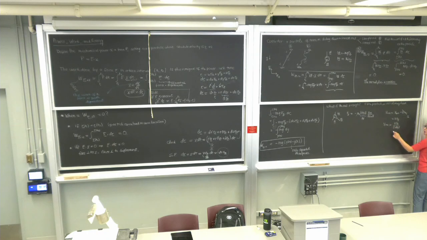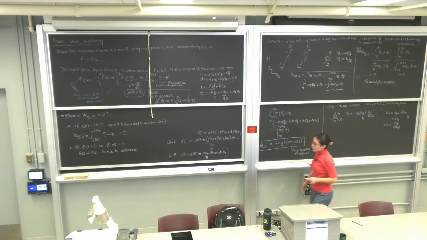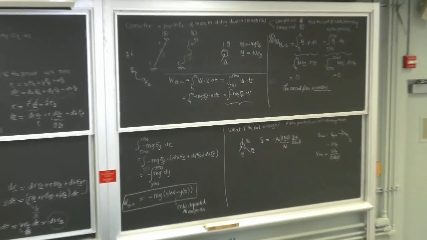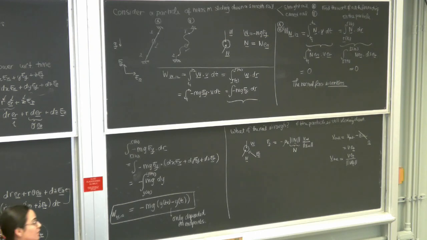What is the magnitude of v et? That should be easy. What is the magnitude of et? 1, right? It's a unit vector.